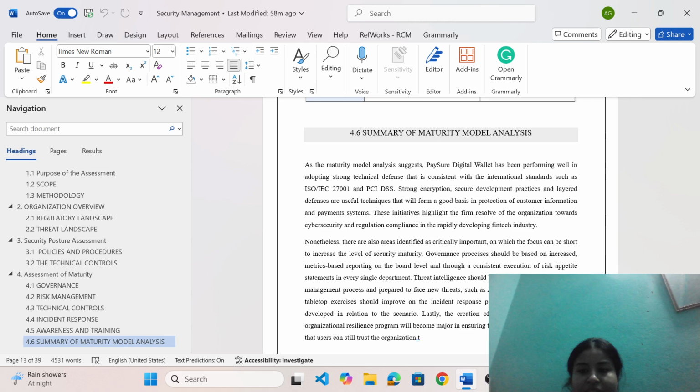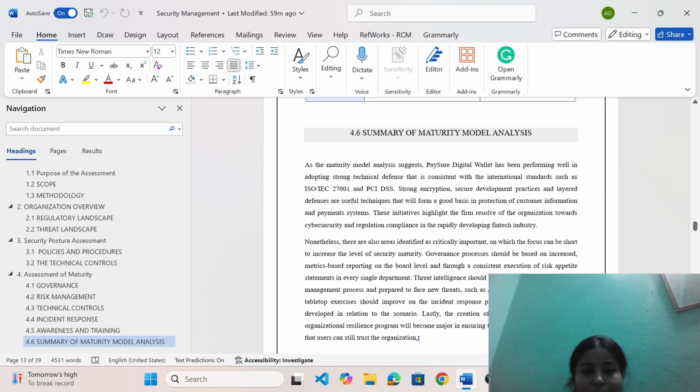So I implemented standards such as ISO IEC 27001 and PCI DSS, with strong encryption, secure deployment practices, and layered defenses, which are useful techniques that form a good basis for protecting customer information and the payment system.